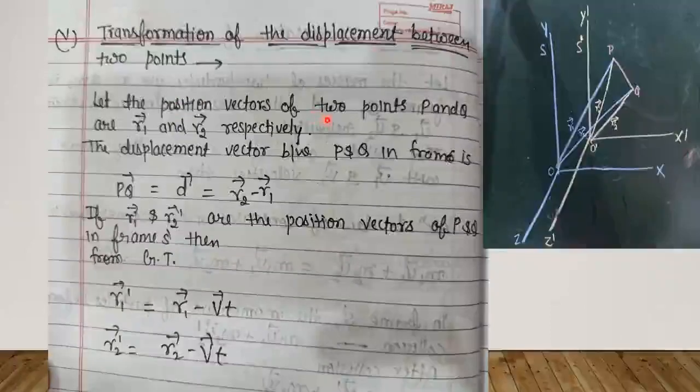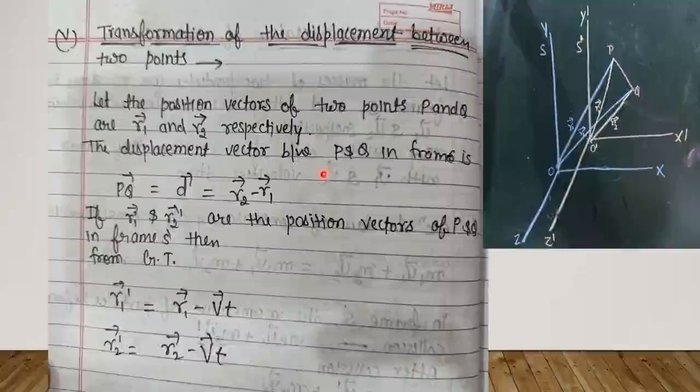Now we will see transformation of the displacement between two points. Let the position vectors of two points P and Q be r1 and r2 respectively. Here we have frames S and S dash. The position vector of P in frame S is r1 and the position vector of Q in frame S is r2.